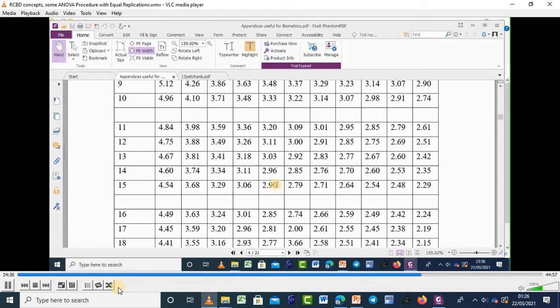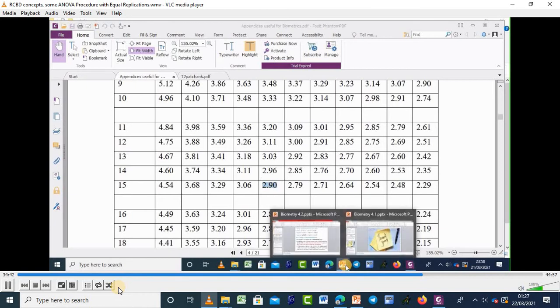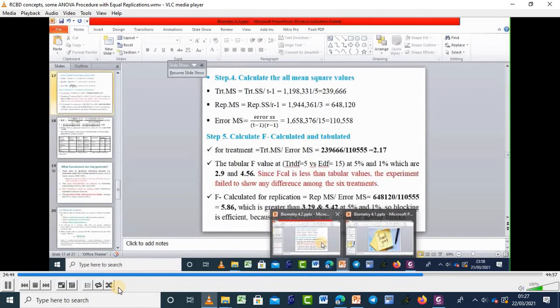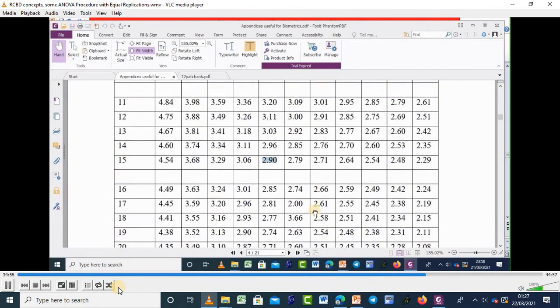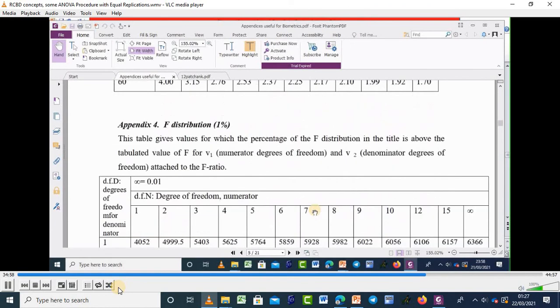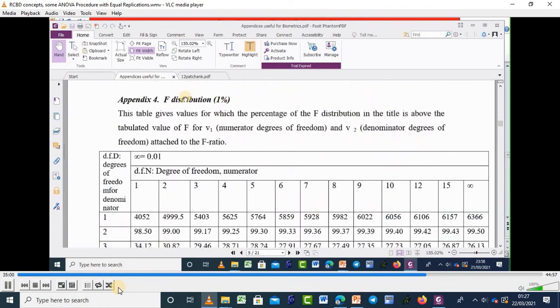The intersecting point and the value is 2.9 at 5%. And also at 1%, we go to another table, the F distribution at 1%.